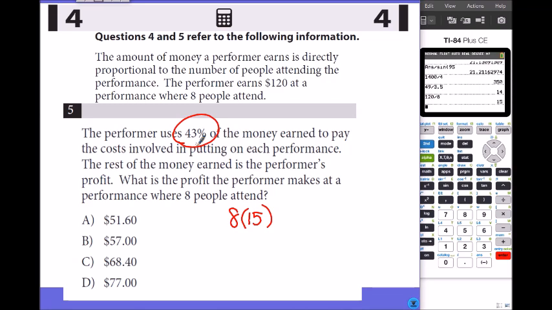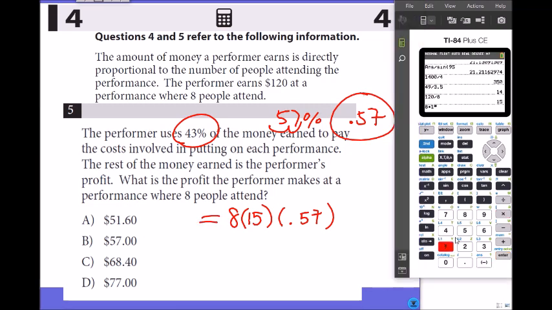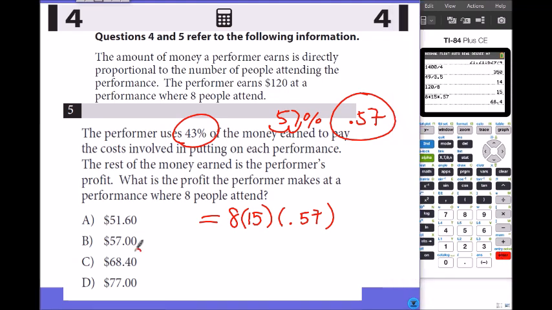That means he keeps 57%, which can be multiplied as a decimal, 0.57, right? Whenever it's a percentage of something, you multiply. So that gives you 0.57. So his profit is 68.40, which is not bad because I'm sure there will be more than 8 people attending, right?